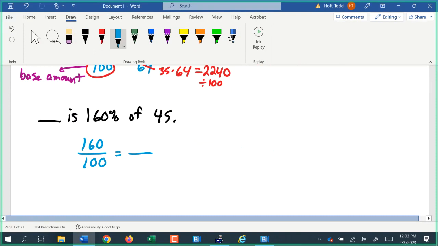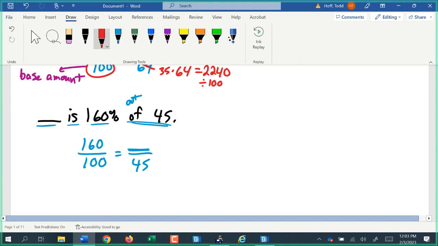So here the portion of interest is going to be larger than the base amount, but we're still going to set it up exactly the same way. So blank is 160 implies our missing amount goes with the 160. So the blank goes on top of 45. Again, we can read that as out of 45, so the 45 goes on bottom.